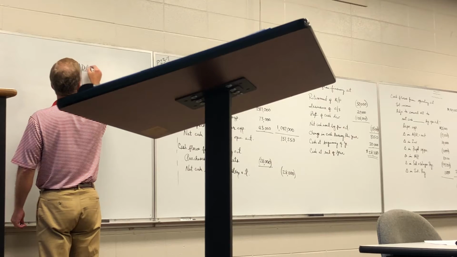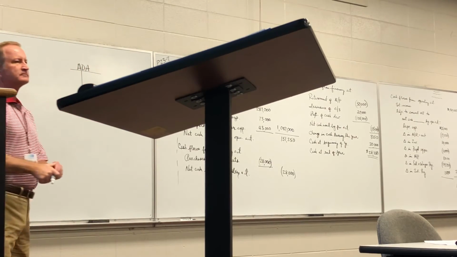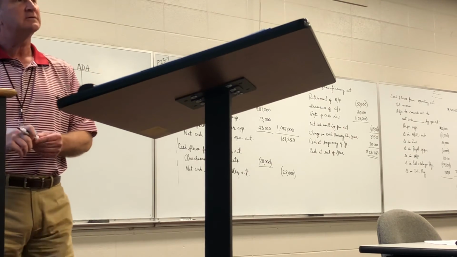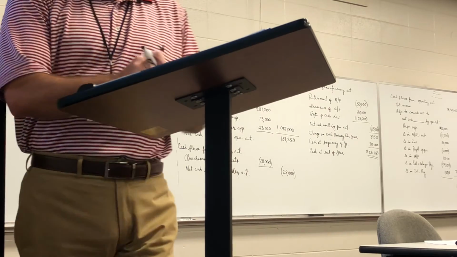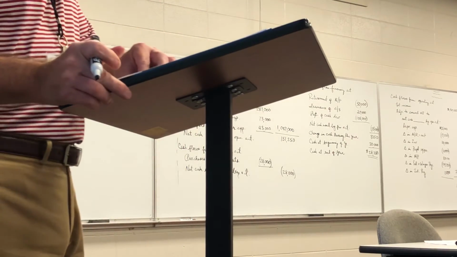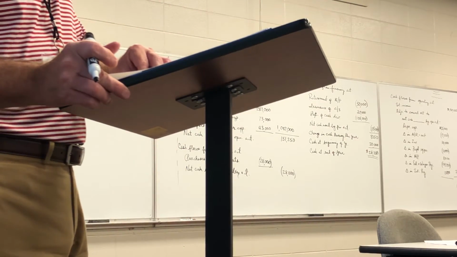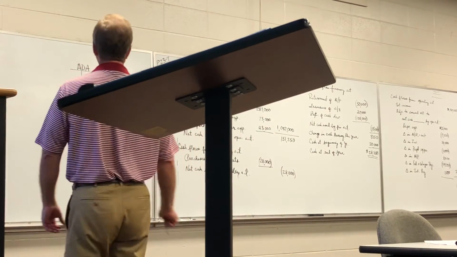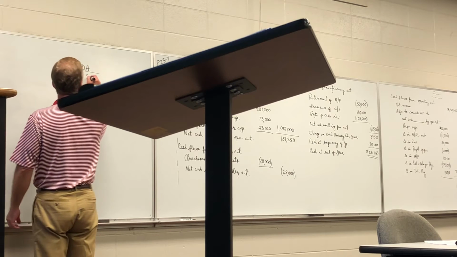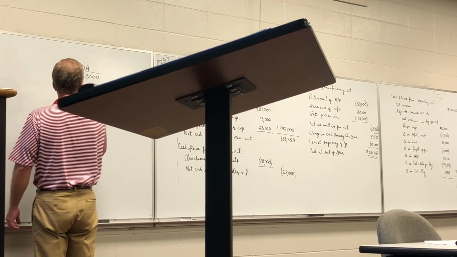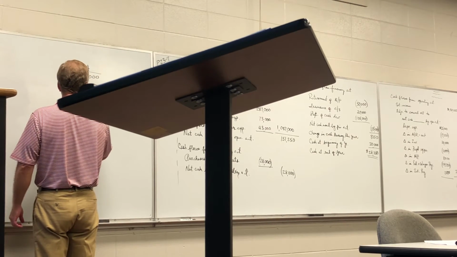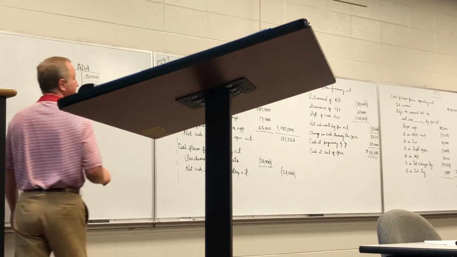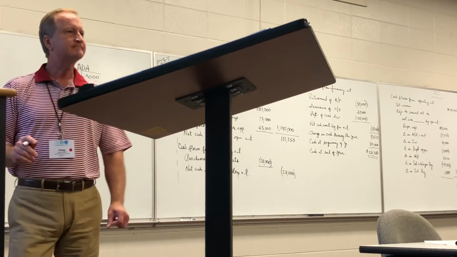The allowance for doubtful accounts. That's your contra accounts receivable account. And it had a balance at the end of 16 of 8,000, and at the end of 17, 10,000. Everybody with me?